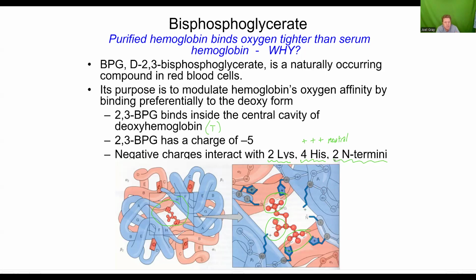And personally, the way that I think about bisphosphoglycerate and the R state versus the T state is I think about bisphosphoglycerate as a molecule that's, I don't know a better term for this, chomping at the bit. It's ready to enter that central cavity of the R state of the protein.